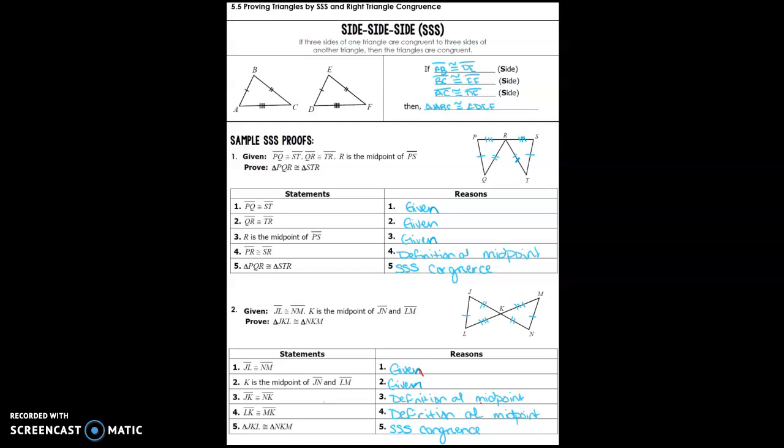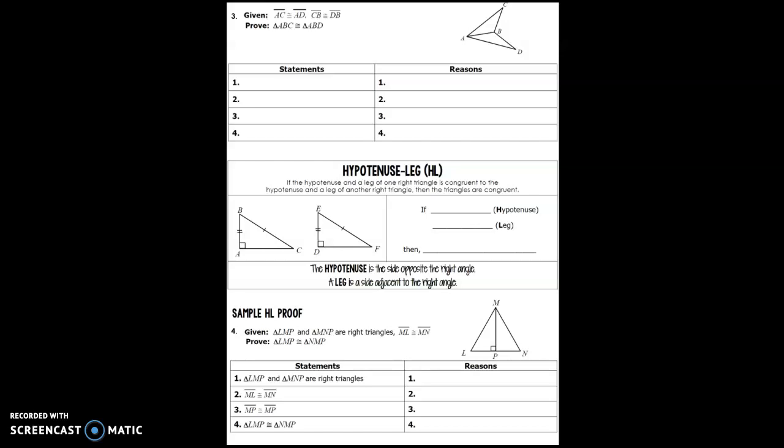Alright, so this next one is kind of tough, so we're going to go through it together. We're given that AC is congruent to AD and that CB is congruent to DB. And then we also know that that side is the same in both triangles, so it's obviously congruent. We're going to start with our given statements.